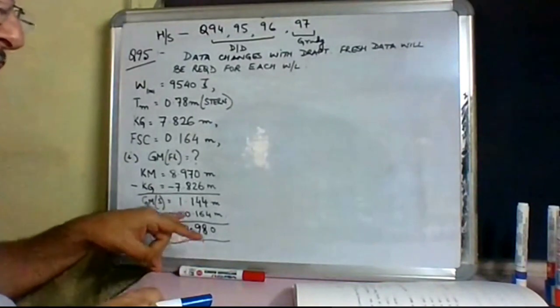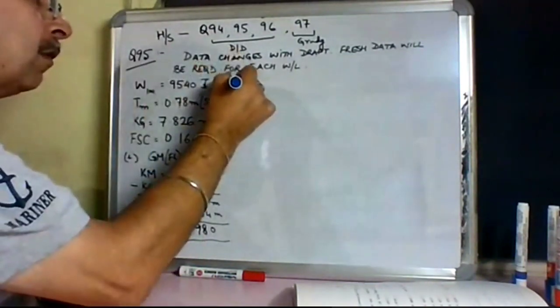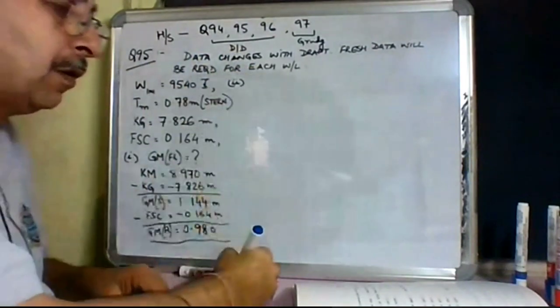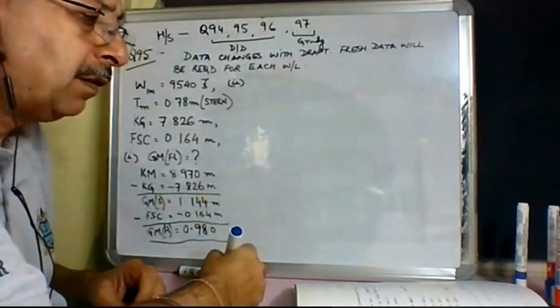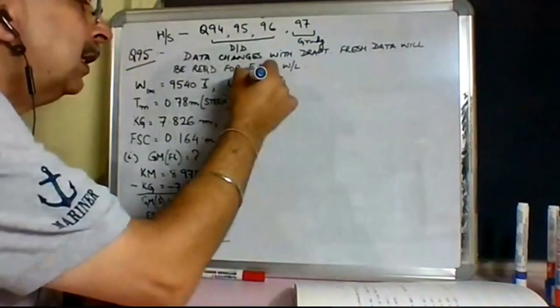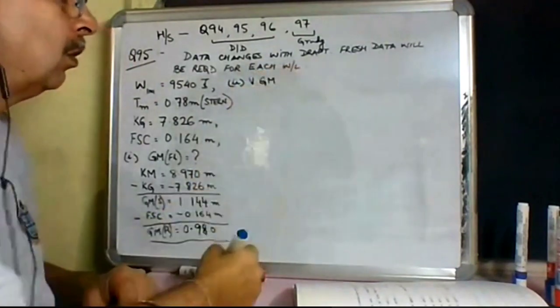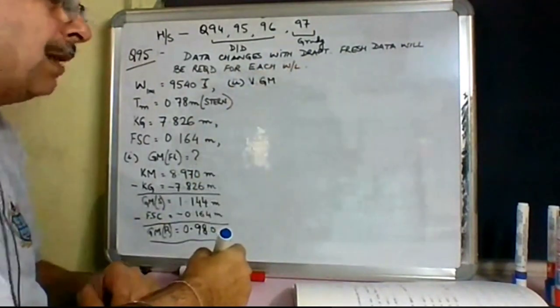So therefore, now we come to the second part. Second part says the VGM of the vessel when her keel takes the blocks all along the length of the vessel. तो VGM कौन सी वाटर लाइन की बात हो रही है?